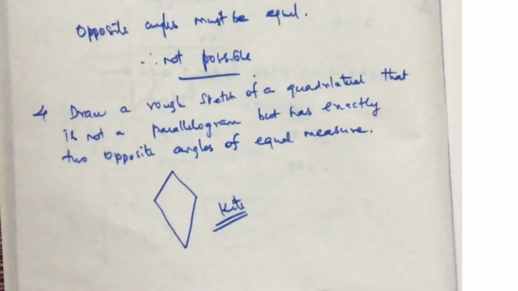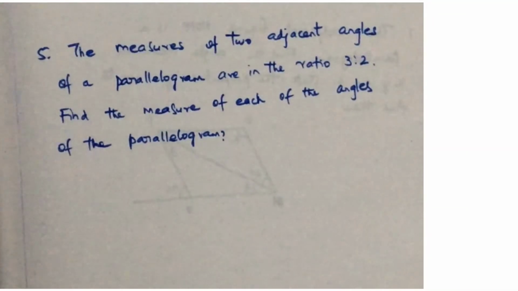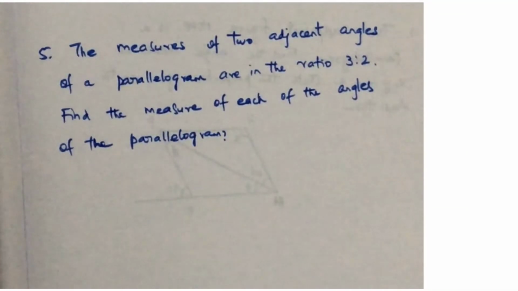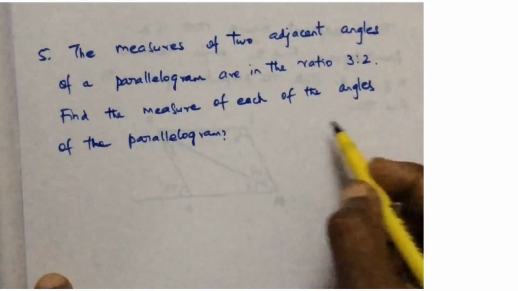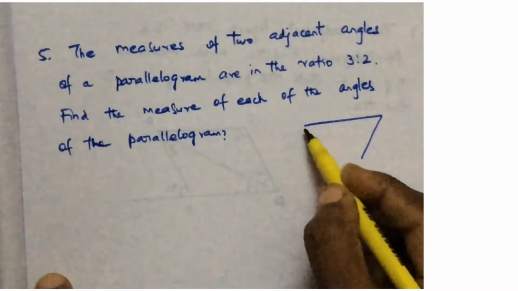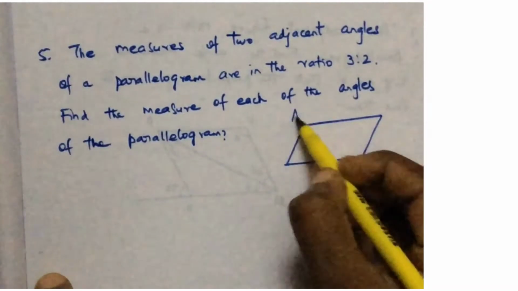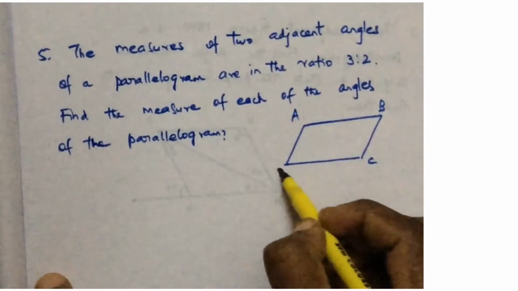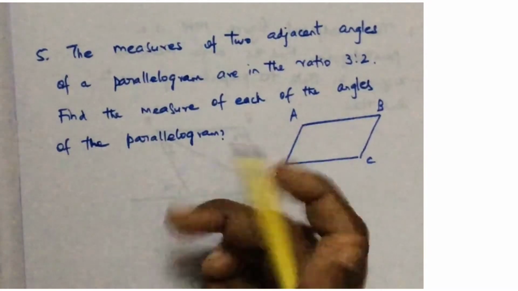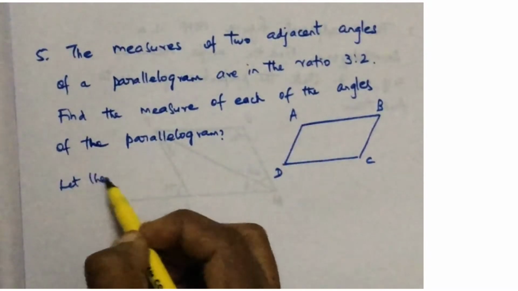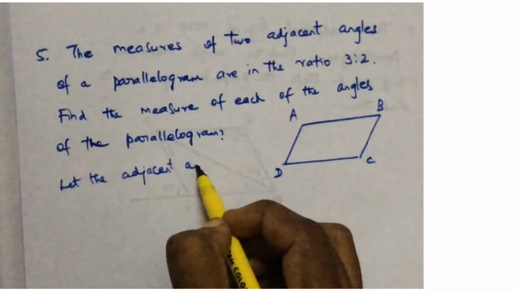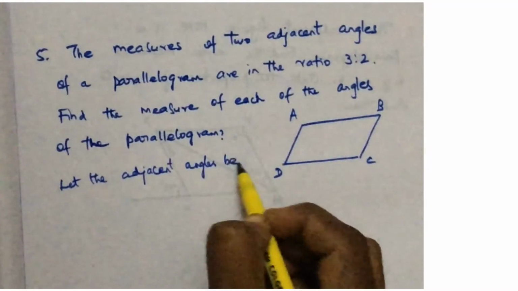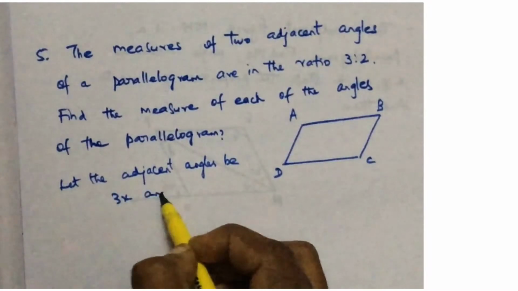Okay. The problem is: the measures of two adjacent angles of a parallelogram are in the ratio 3:2. Find the measure of each of the angles of the parallelogram. So let me take some parallelogram ABCD. Let the adjacent angles be 3x and 2x.